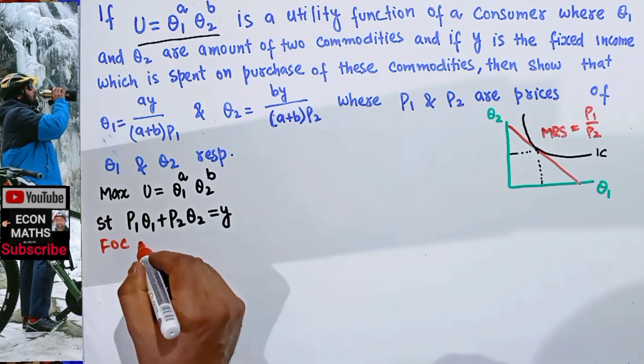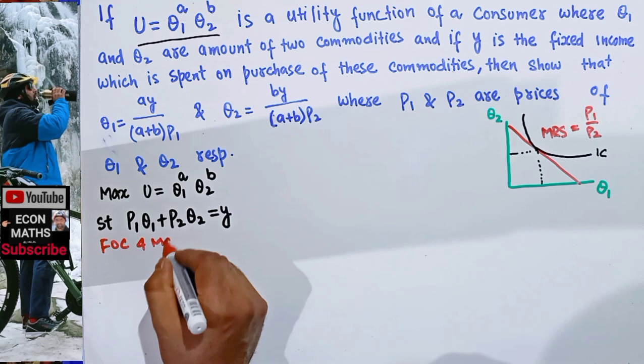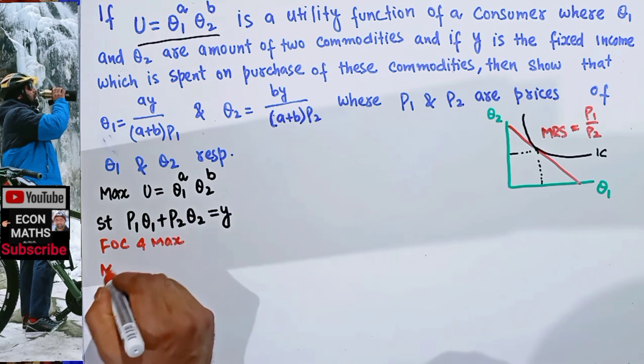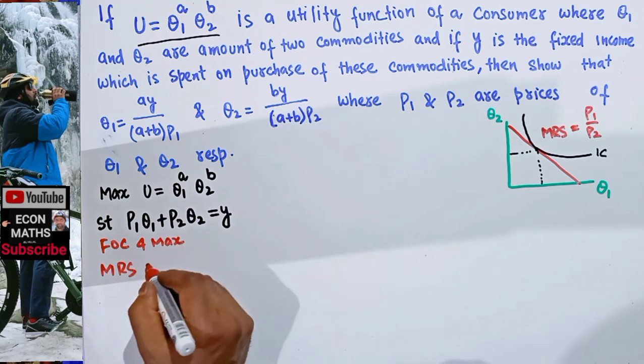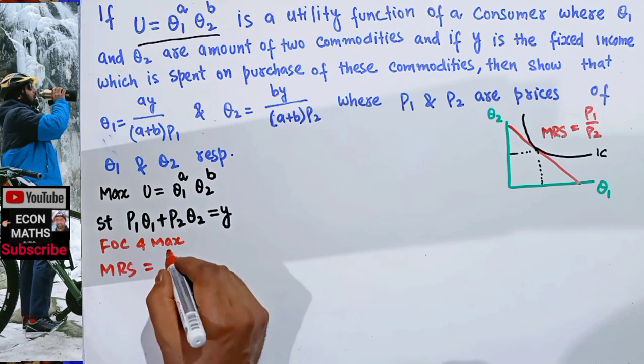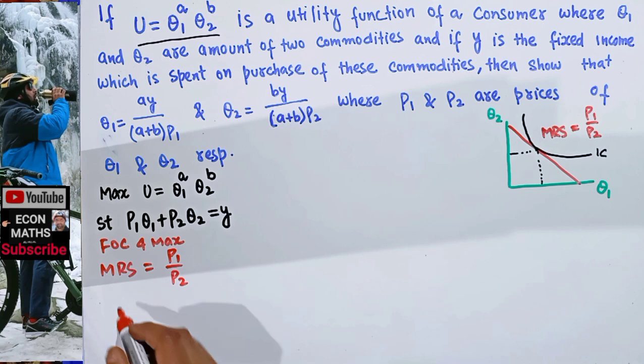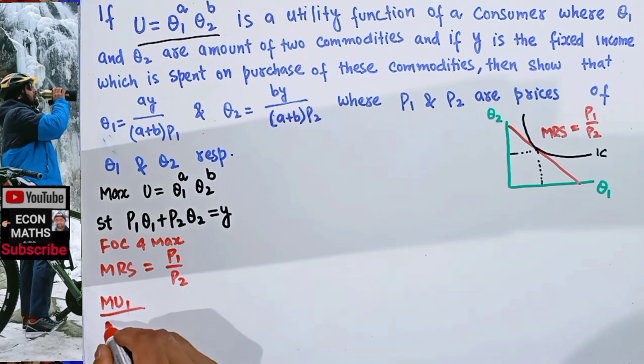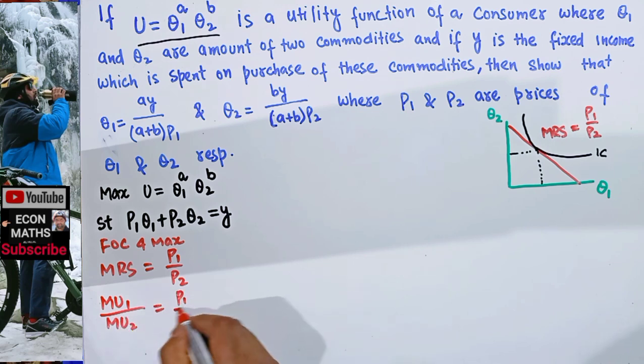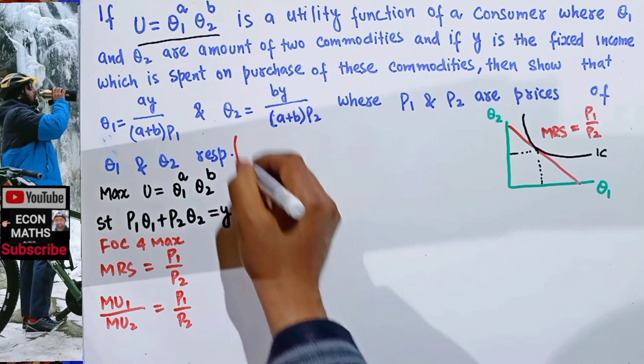First order condition for maximization requires that marginal rate of substitution between Q1 and Q2 should be equal to the ratio of the prices, that is P1 upon P2. And MRS is simply marginal utility of good 1 divided by marginal utility of good 2 should be equal to P1 upon P2. Okay.